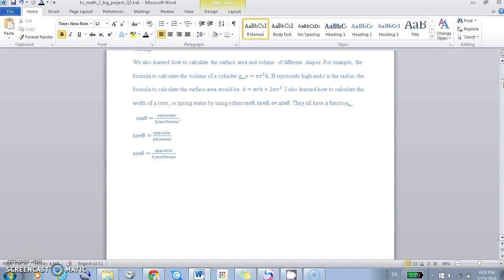In a right triangle, the straight line, the first one, is called the opposite, the line under it is called the adjacent, and the slanted line, which we usually call C, is the hypotenuse.